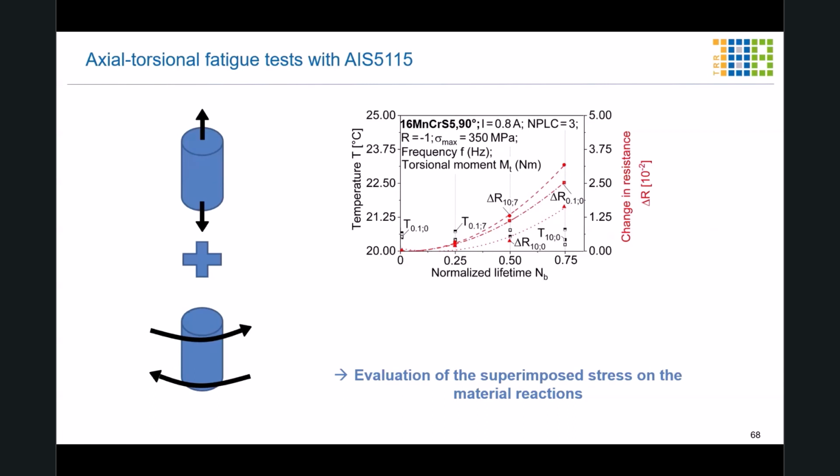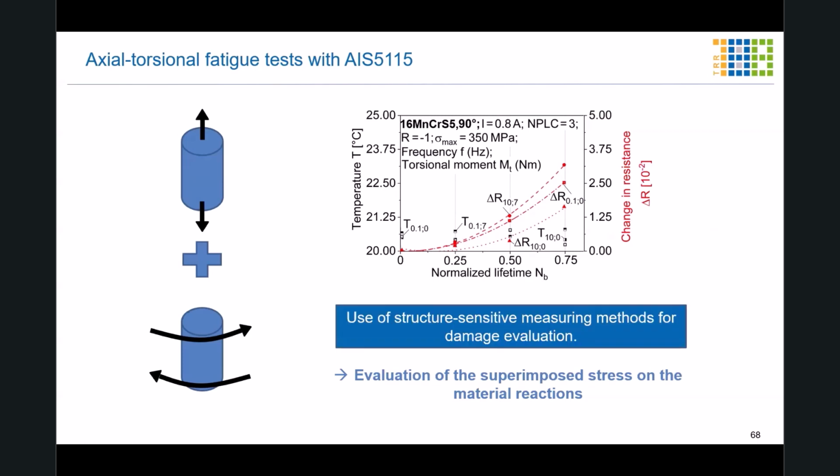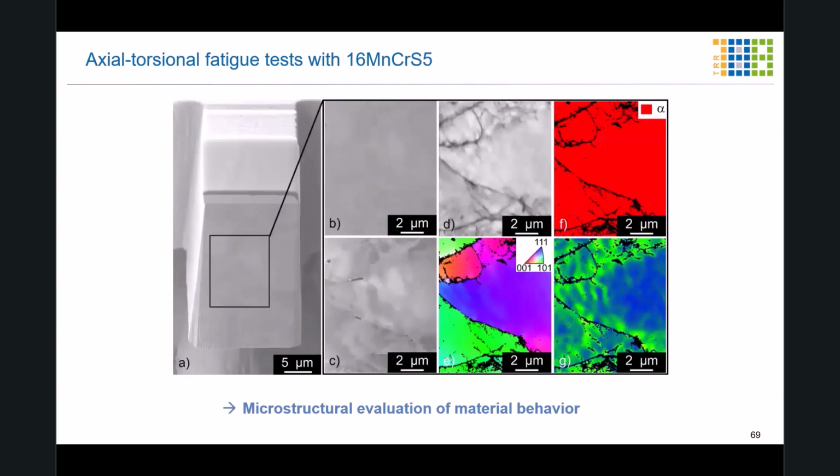So we can evaluate that the superimposed stress on the material leads to a faster damage accumulation and so to a faster crack propagation. So these structure-sensitive measuring methods are suitable to describe and assess the damage development for different types of load cases and also different types of damage mechanisms.